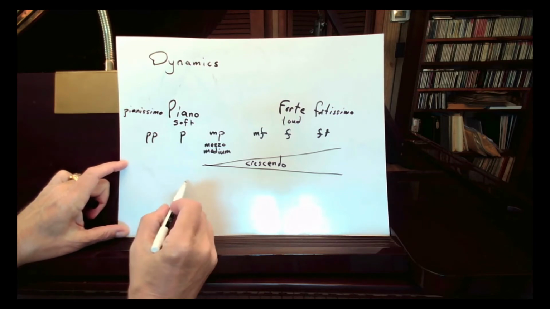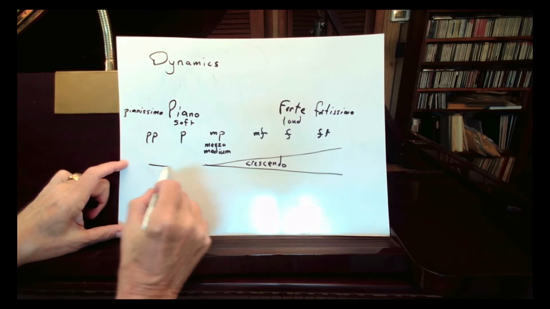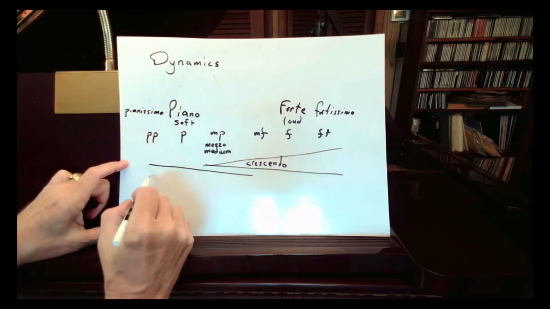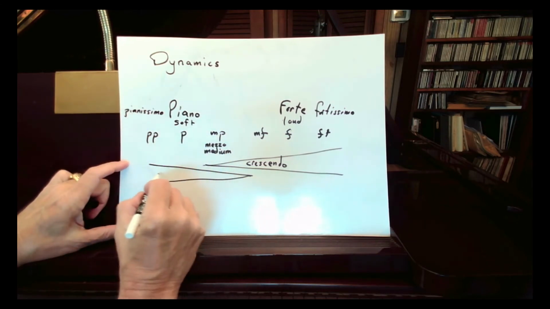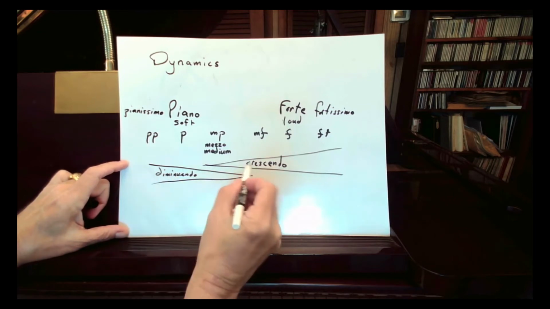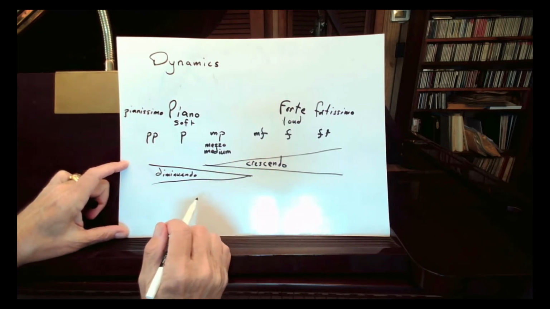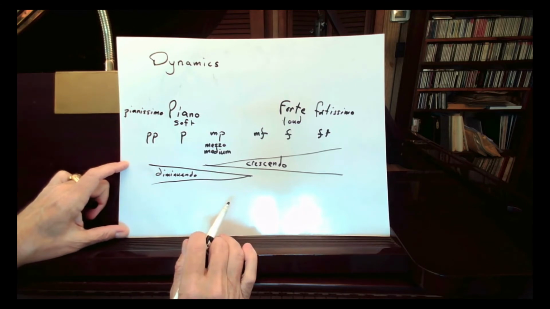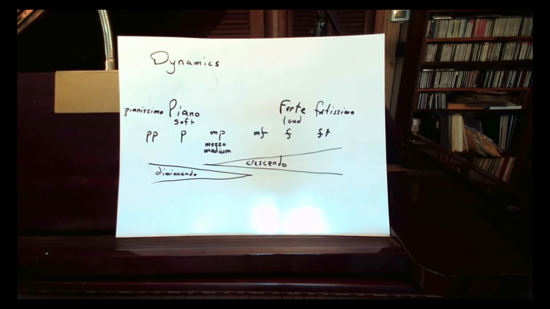When you see one going the other way, it's called the diminuendo. The diminuendo, or decrescendo, they sometimes write decrescendo, means get softer. And the change into getting soft.